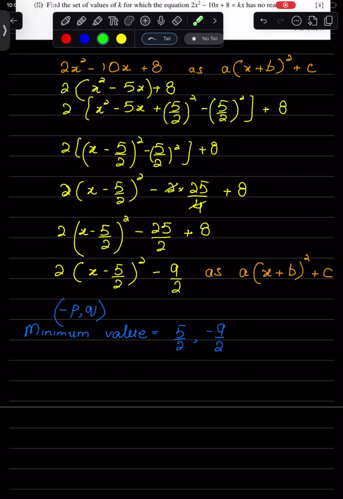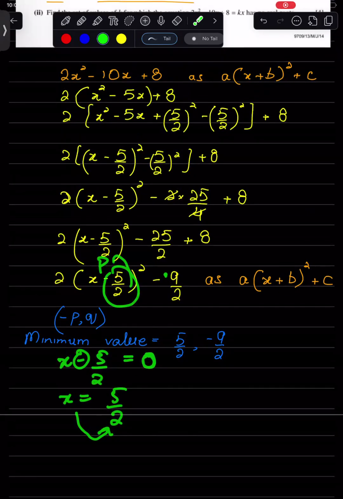Because if you write it like this, to get the value of x we have to make it equal to 0. And when we make it equal to 0, obviously the value has to go to the other side. And whenever it goes to the other side, the sign is reversed. So for the minimum value, this is your p.